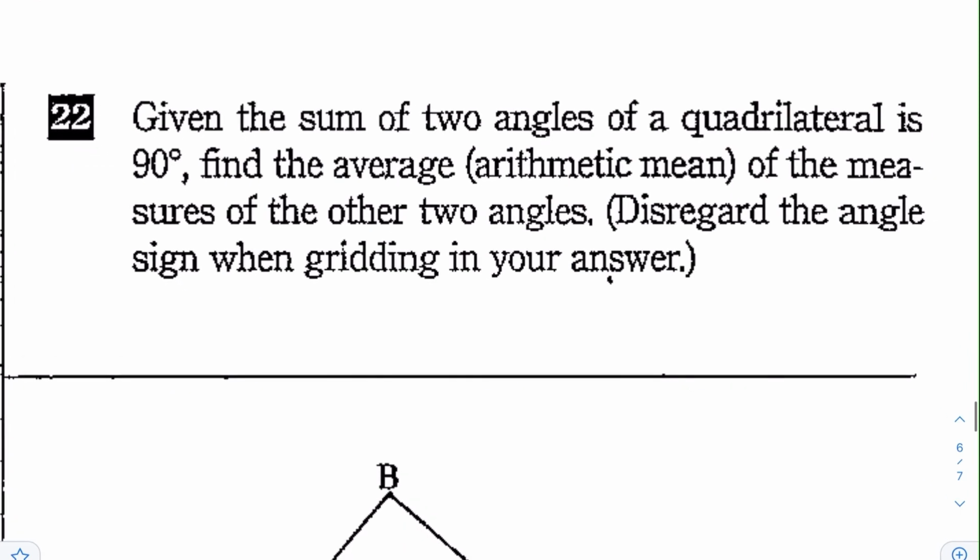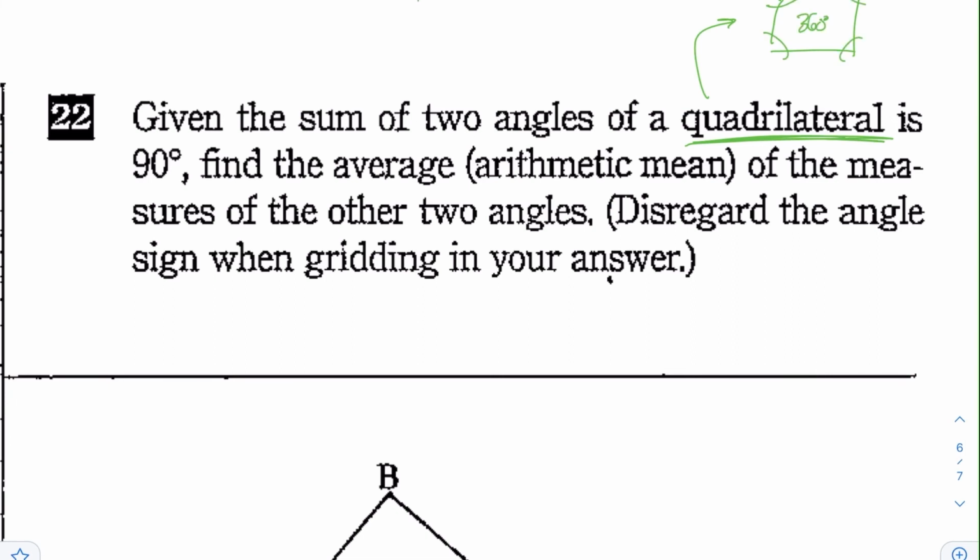Next, for number 22, given that the sum of 2 angles of a quadrilateral is 90 degrees, find the average or the arithmetic mean of the measures of the other 2 angles. So here you know that a quadrilateral is a 4-sided figure, and the 4 angles in a quadrilateral add up to 360 degrees.